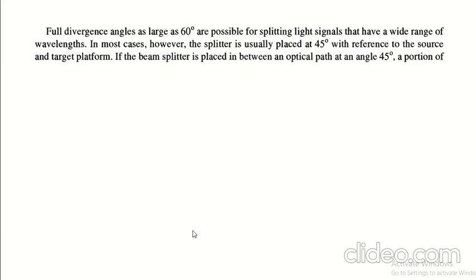Full divergence angles as large as 60 degrees are possible for splitting light signals that have a wide range of wavelengths. So the angle of the splitter varies as per the range of wavelength, but the maximum angle can be 60 degrees. In most cases, the beam splitter is generally placed at 45 degrees with reference to the source and target platform.